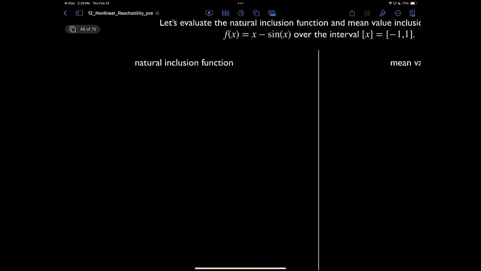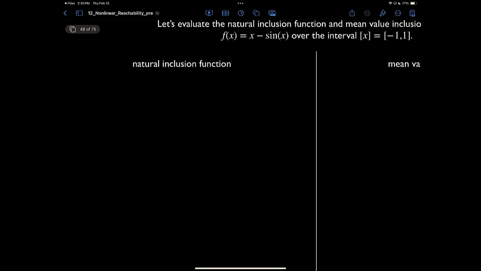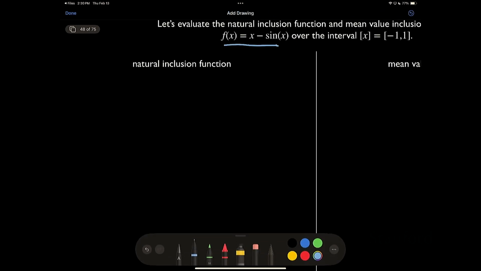Okay. So we're going to try to evaluate the natural inclusion function of this function over this interval. The natural inclusion function means that we just replace everything with their interval counterparts. So we're going to do this.